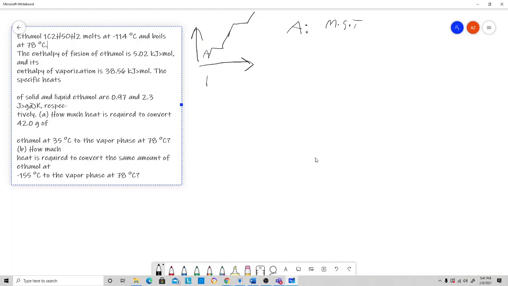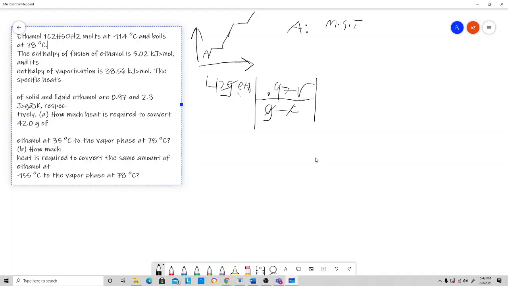So 42 grams of ethanol. And then the specific heat of the solid is 0.97 joules per gram Kelvin. So the grams cancel out.